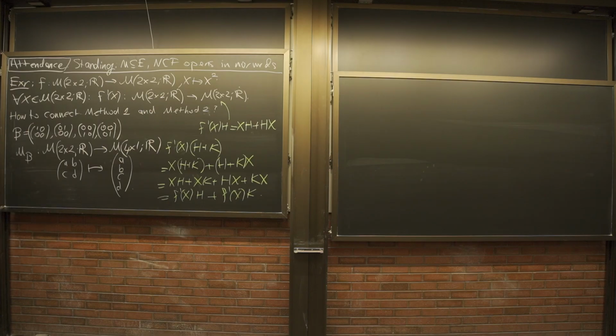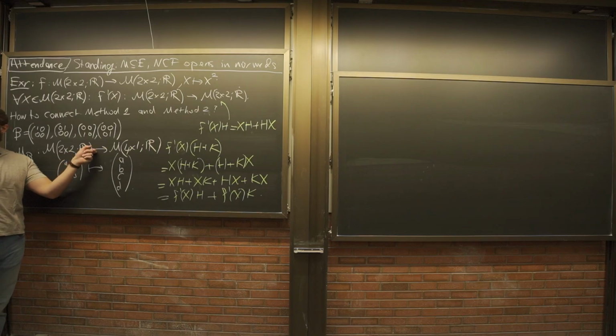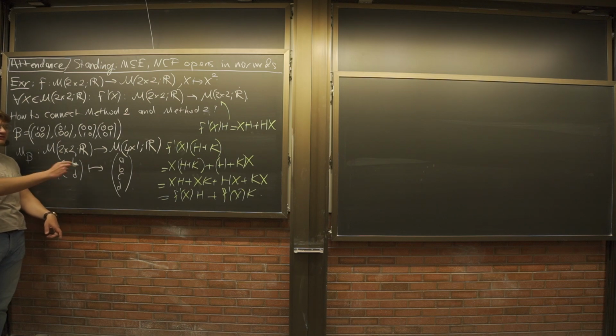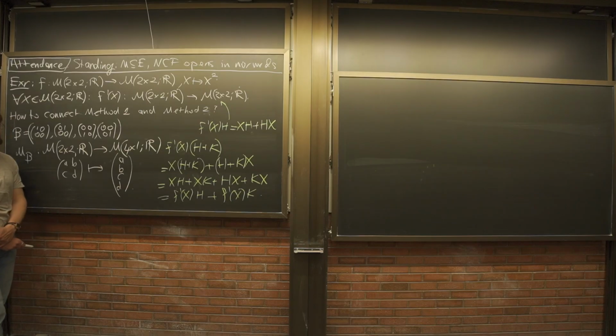And then we showed, in fact, in class that this is a linear isomorphism. It's a linear transformation. Taking this matrix, vectorizing it to this matrix is a linear transformation. Vectorization is linear, okay? It's invertible because if I have a tuple like this, I can turn it back into this.